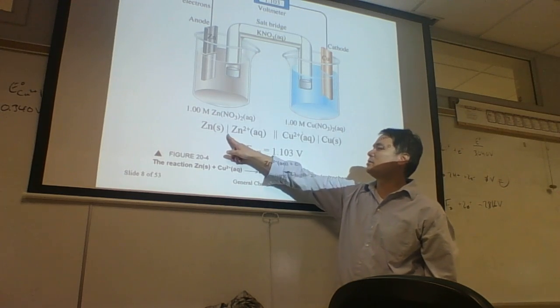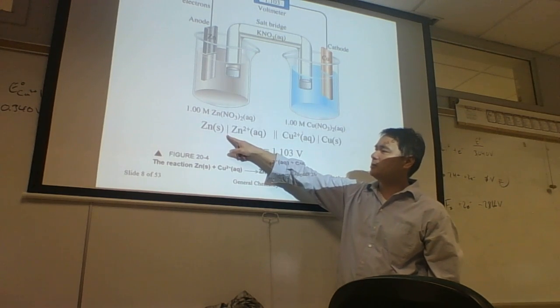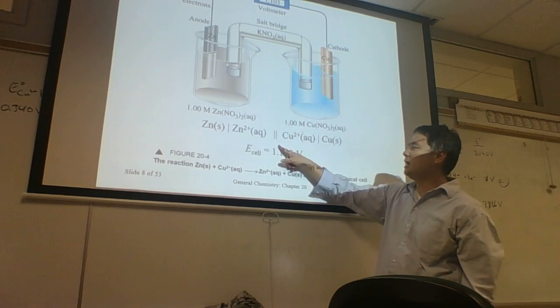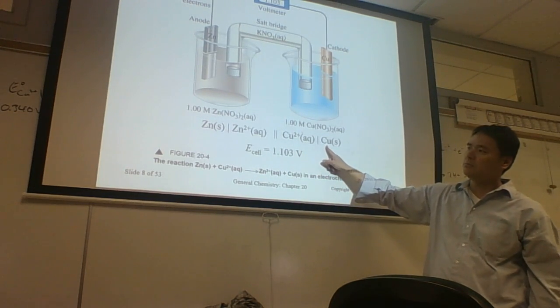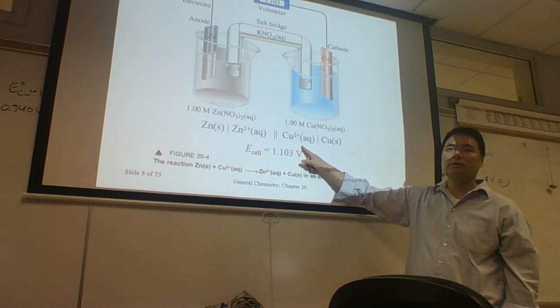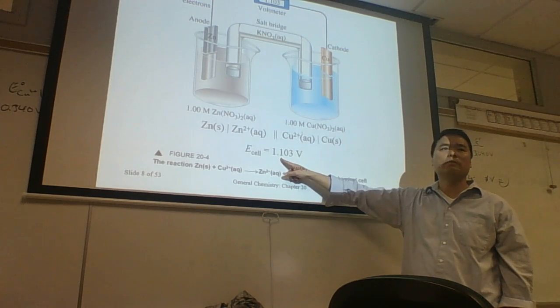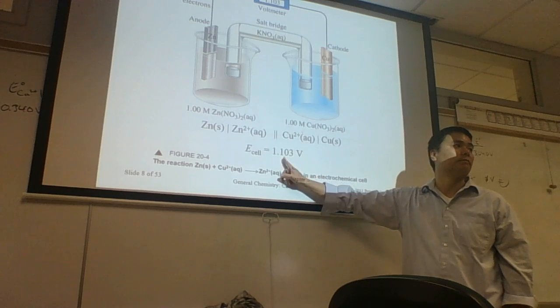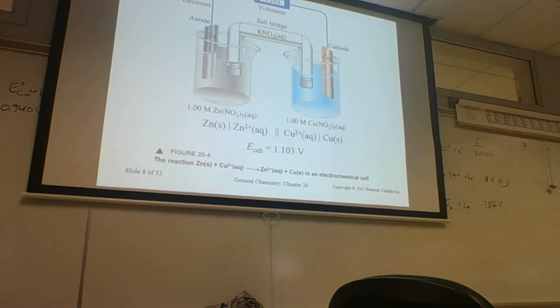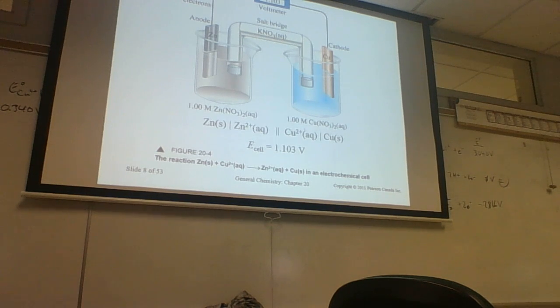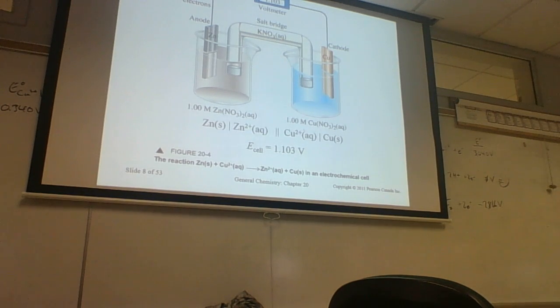So Zn goes to Zn2+, 0.763 volts, plus Cu2+ goes to Cu, which is plus 0.34 volts, equals 1.103 volts. Well, all this time for just a simple equation, just this plus that. This is a simple equation.